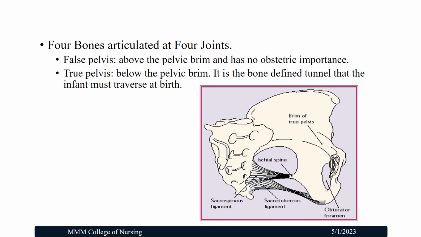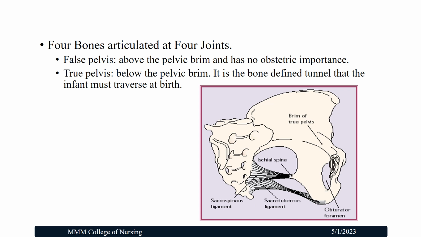Next, four bones articulated at four joints. We can split the pelvic bone into the false pelvis and the true pelvis. The false pelvis is the part above the pelvic brim and has no obstetrical importance, as during delivery it does not undergo any change, adjustment or movement.